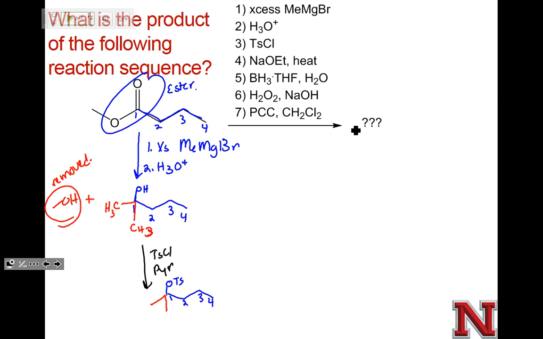Remember, NaOEt is a strong base, a strong nucleophile, but heat will promote E2. The fact that we have ethyl means that it's small, so we're going to get the most substituted double bond. This isn't new, we've learned all this, so you're just putting it all together.